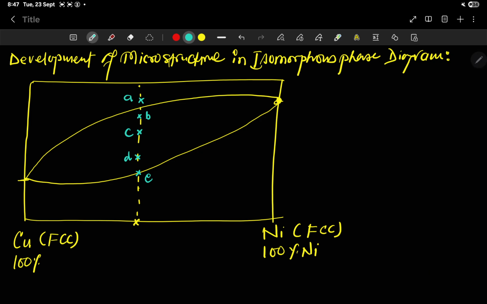So you can see at A we have liquid phase, so it will be like this.